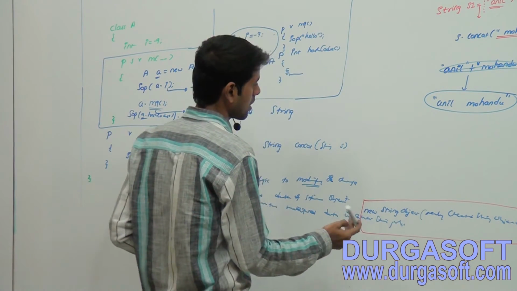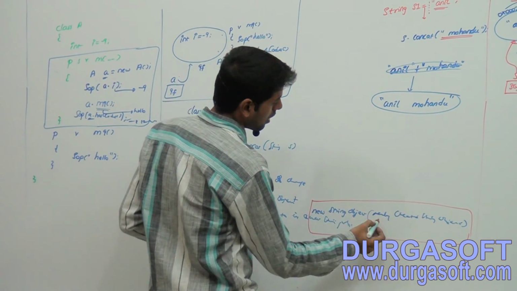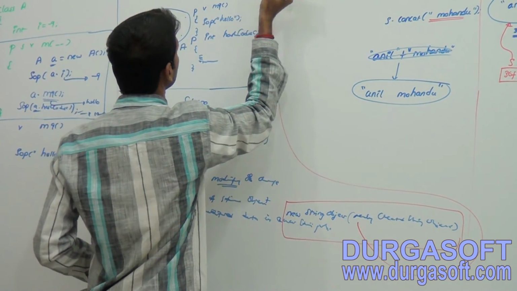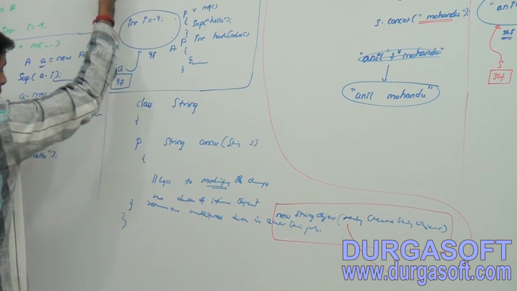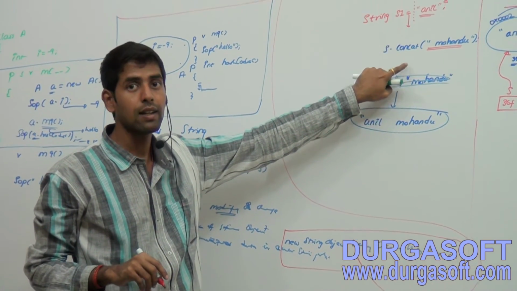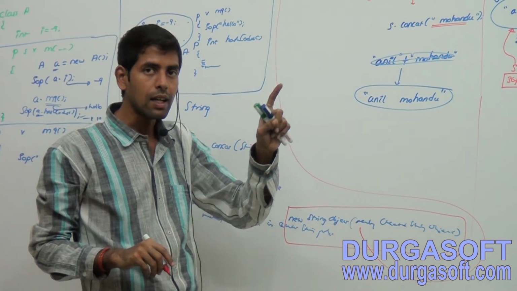Okay, observe here. I am going to derive this particular thing. Observe. This is what, guys? A method call. At runtime this will get called.